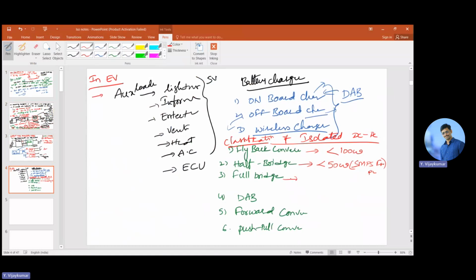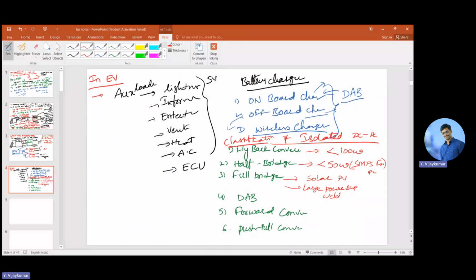And if you talk about full bridge, the best example is in our solar PV systems, and we also have some large power supplies like welding.